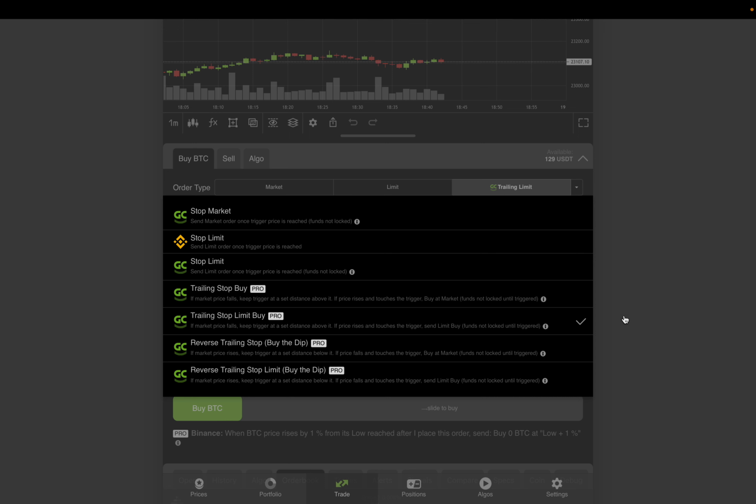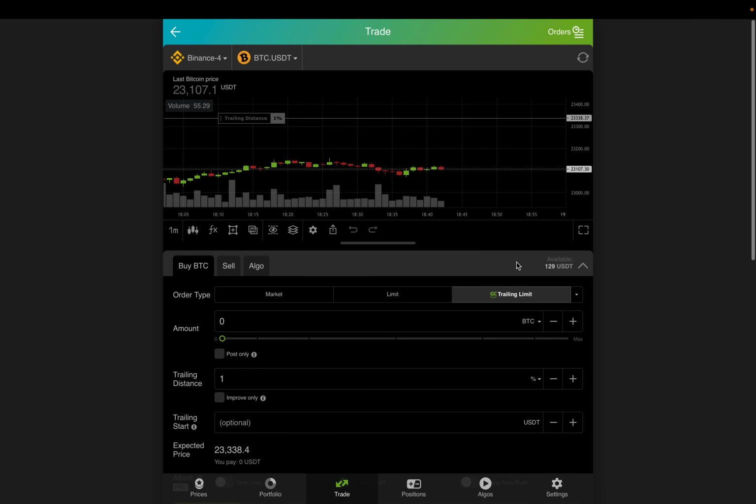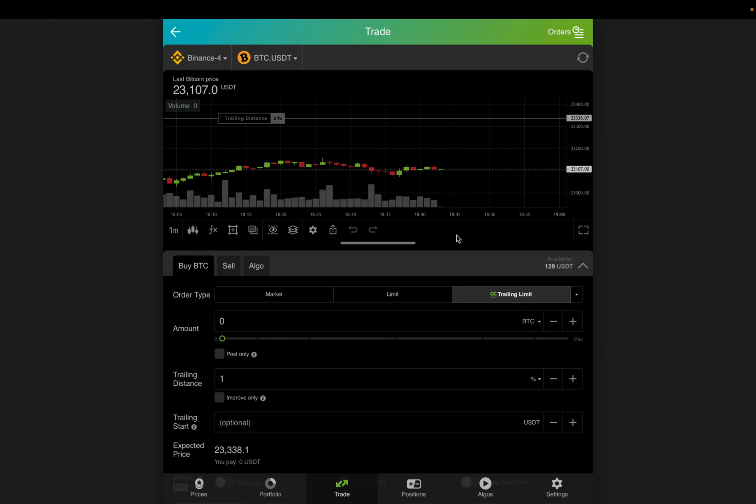Basically, what it does or where it leads you. If you send the market order, you understand that you guarantee yourself order execution. So the order will be executed right away. However, you do not guarantee the price of the execution because, of course, price moves.